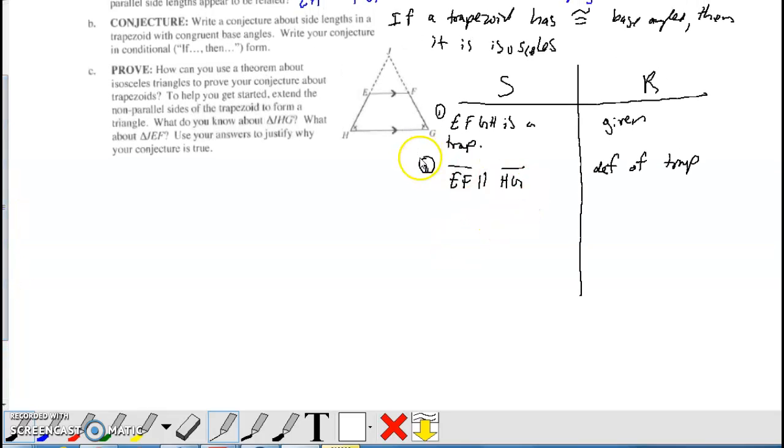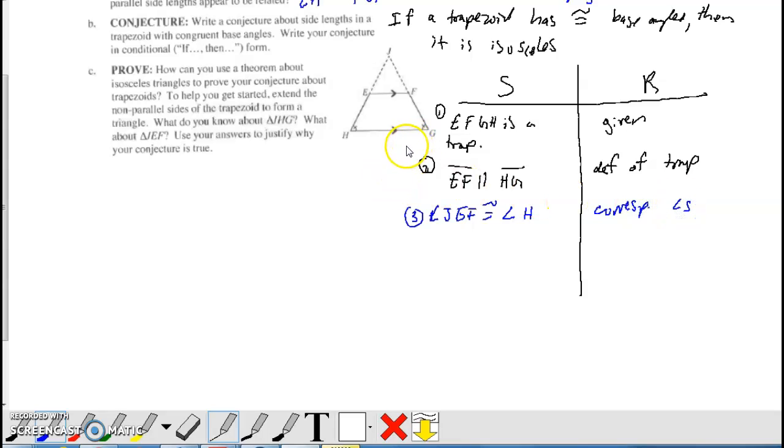What else could I say based off of that piece of information? Well, now I know that if I extended it, the measurement of angle JEF would be the same measurement as angle H. So I'm going to say that angle JEF would be congruent to angle H, because the lines are parallel, so these are corresponding angles.